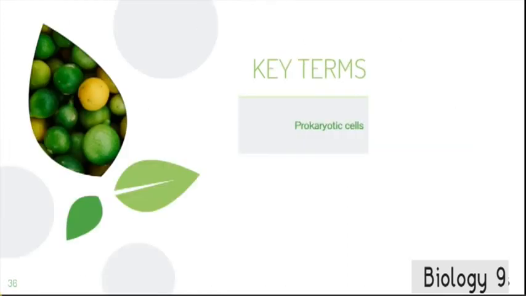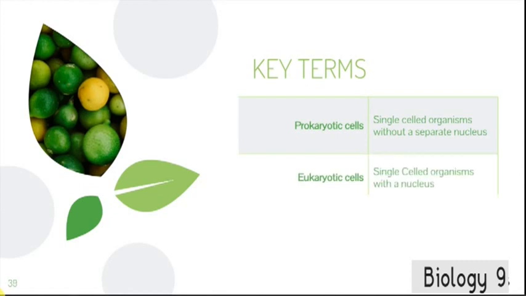Okay, it's time for a few key terms. Prokaryotic cells are single-celled organisms without a separate nucleus. Eukaryotic cells are single-celled organisms with a nucleus.